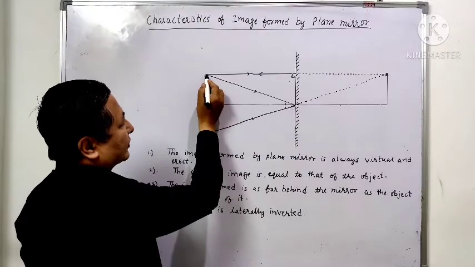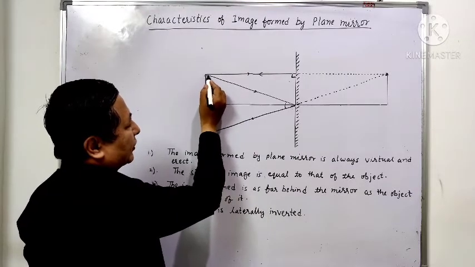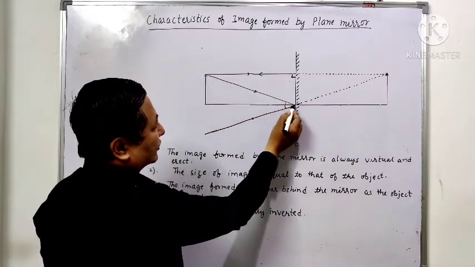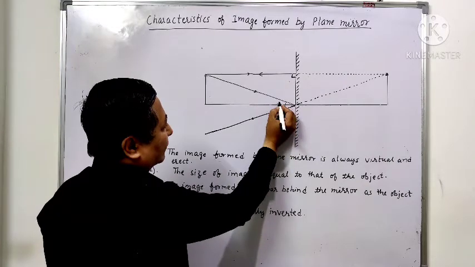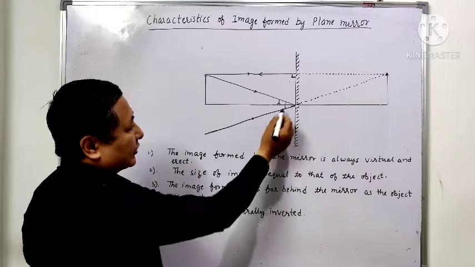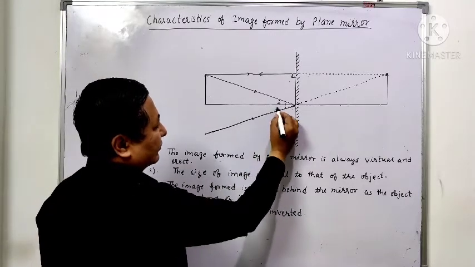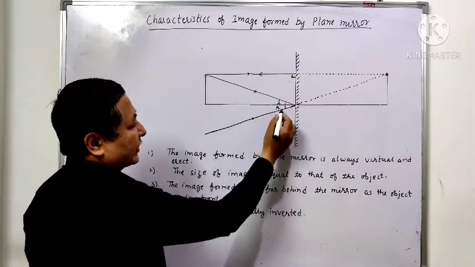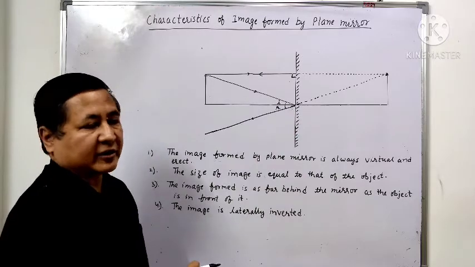And another ray from this part is falling on the mirror and making an angle of incidence that is equal to i, and it will reflect back making an angle of reflection, and we know that the angle of incidence is equal to the angle of reflection.